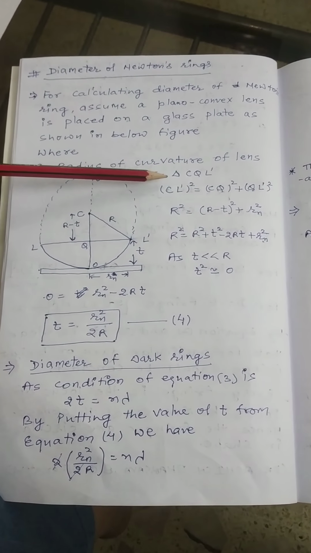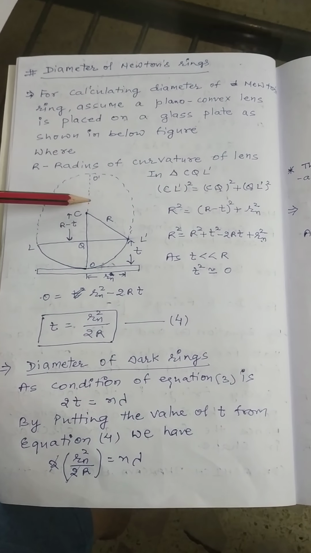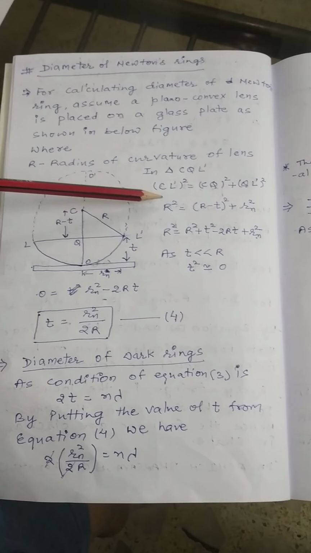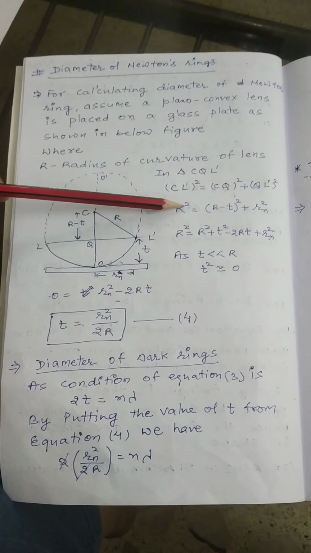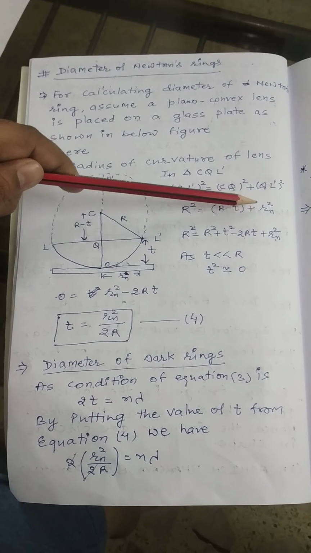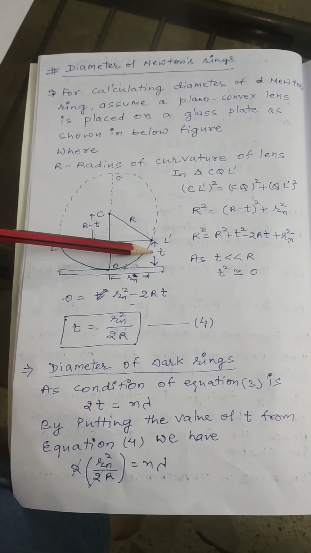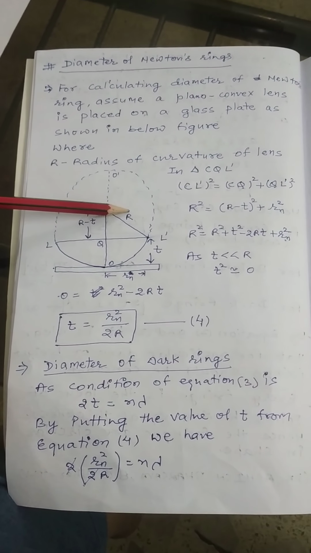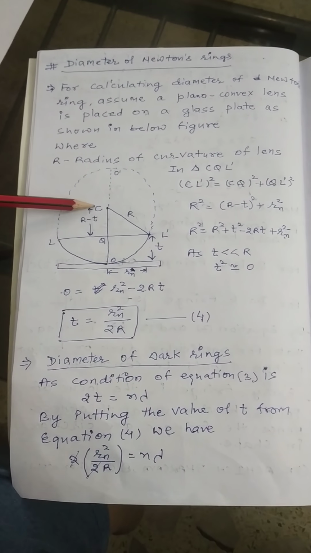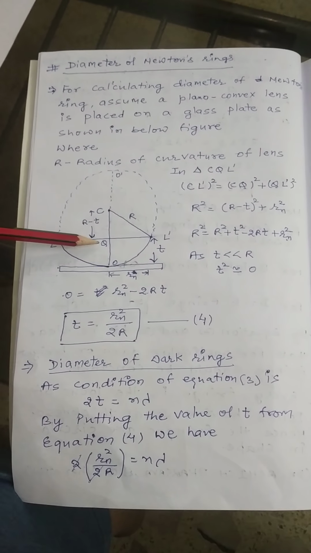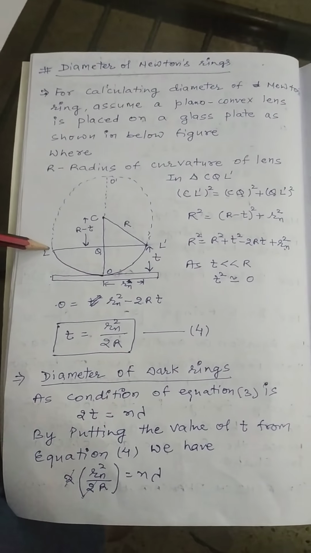It means when we put the value, CL', the distance between C and L', is R, then we put the value R square equals (R minus t) square plus rn square, where t is the thickness of the air film, R is the radius of curvature, rn is the radius of the circle, C is the center of curvature, Q is this point, and L is this point.